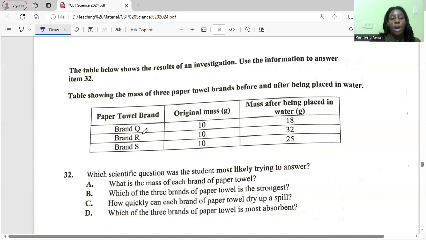Brands Q, R, and S, original mass 10 grams each. Mass after being placed in water is 18 grams for Q, 32 grams for R, and 25 grams for S. Which scientific question was the student most likely trying to answer?